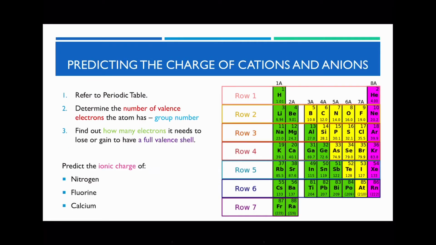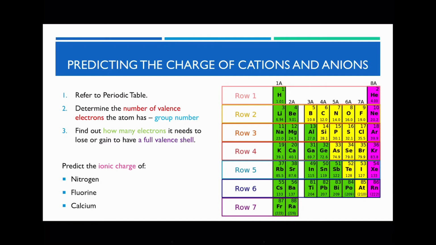The way that we predict the charge of these cations and anions is, firstly, we need to refer to the periodic table. On the right hand side, notice that the periodic table I have is a lot simpler because I've got rid of the transition metals. All the elements in the middle section of the periodic table, I've eliminated just to make things simpler.